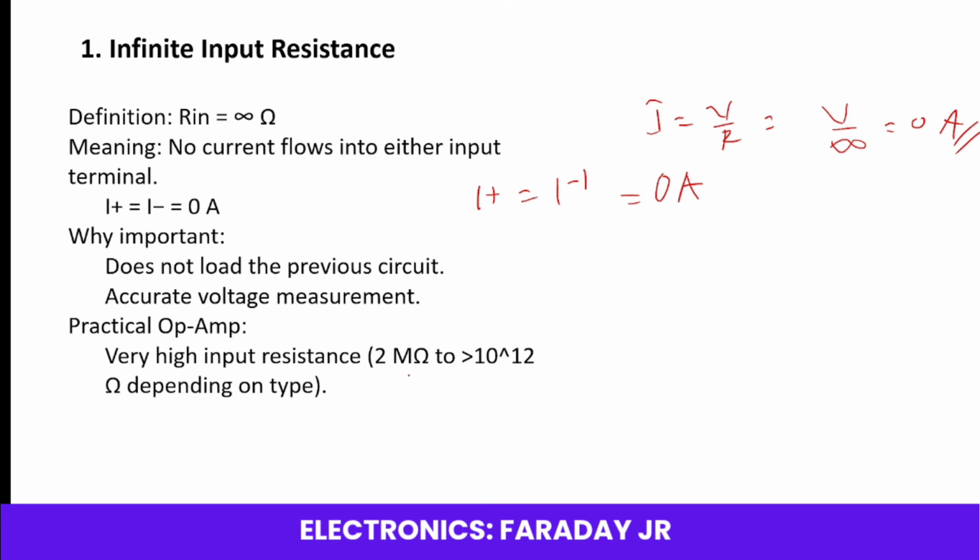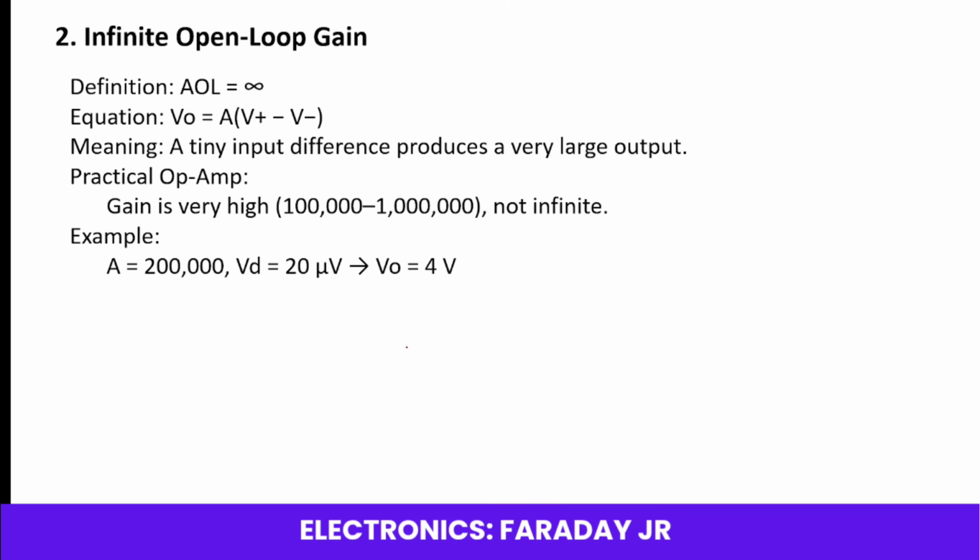Mostly 2 megaohms to about 10 raised to the power 12 ohms, depending on the type of op-amp we are dealing with. Now let's look at one of the characteristics of an ideal op-amp: infinite open loop gain.